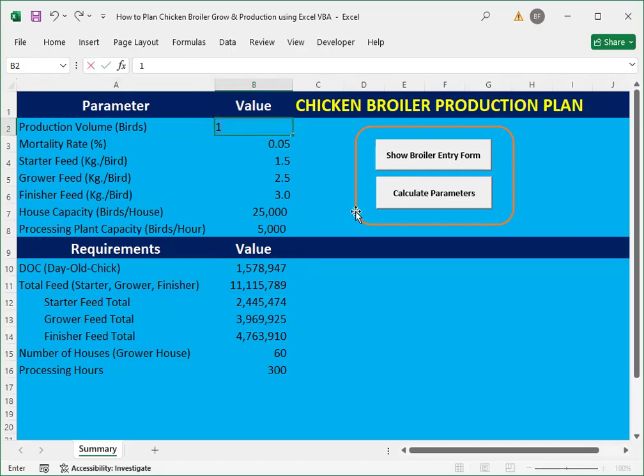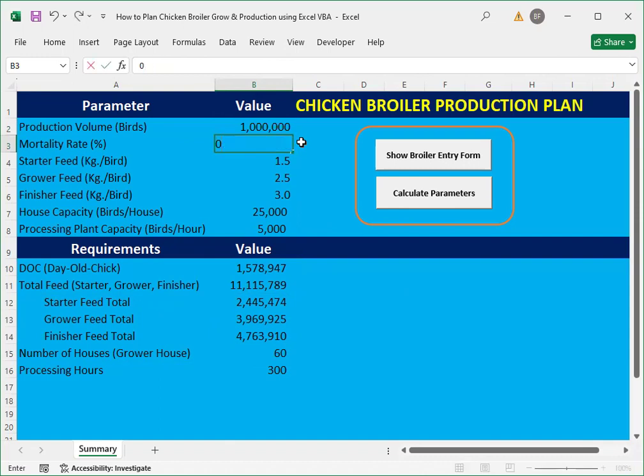Let's say we're going to produce, okay, and then you know, we're gonna need more money because it will become 1,578,000, the DOC that we need to place in the farmhouses. So let's say we go back to 1 million. Okay, that would be 1 million. Let's say we're gonna change the mortality rate because in this area we have a high temperature, we got high relative humidity.